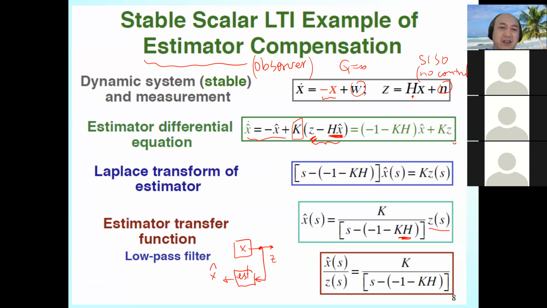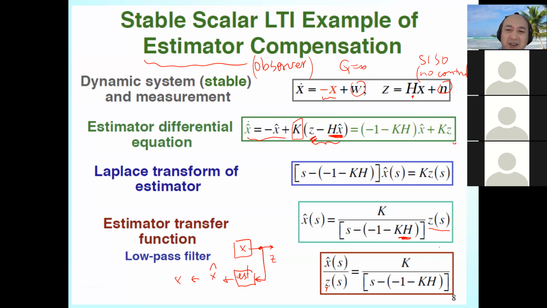And I hope X hat will converge to my true X. So this is called a state estimator. Z is the input, X hat is the output. So output divided by input equals K divided by that.